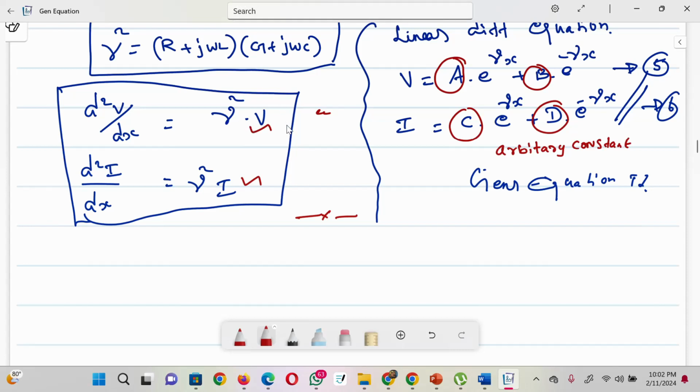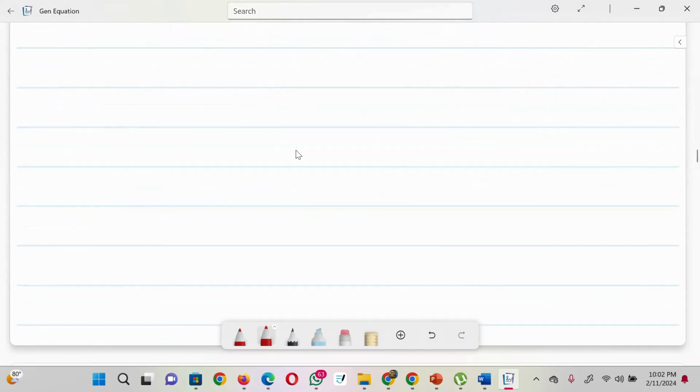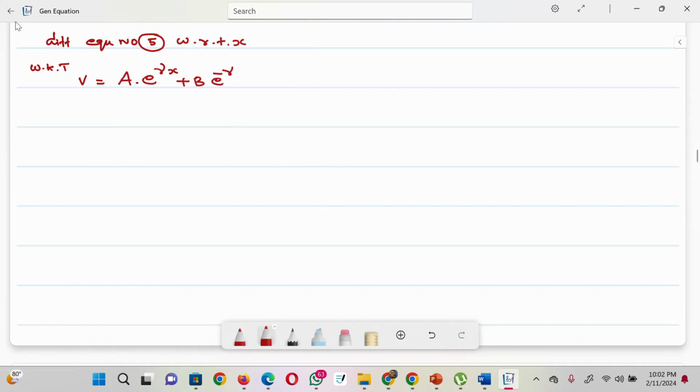Now we are going to solve by using equation number 5. So we differentiate equation number 5 with respect to x. Already we know equation number 5: V equal to A into e power gamma x plus B into e power minus gamma x.